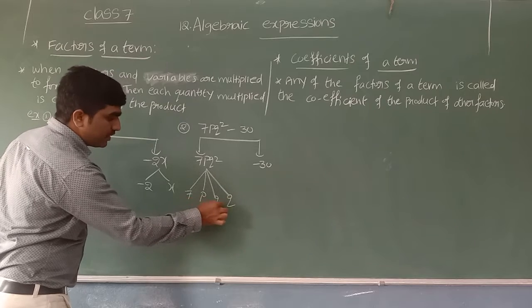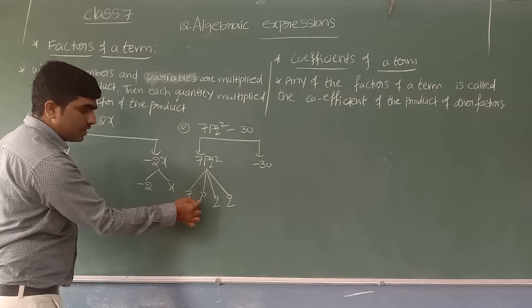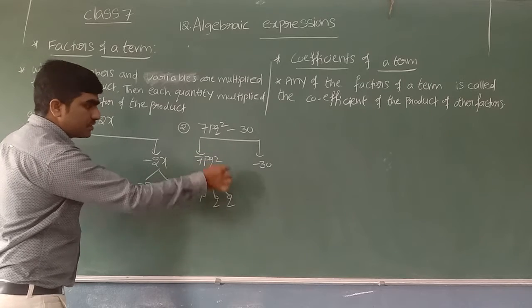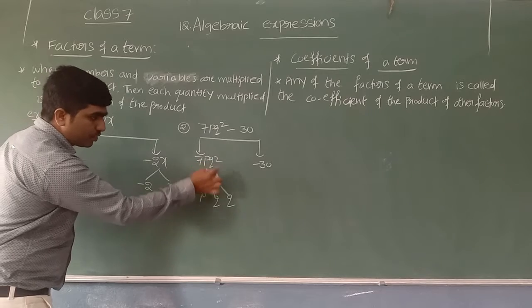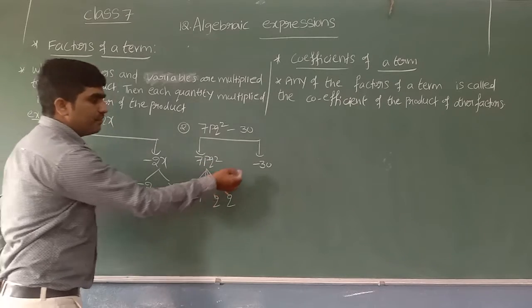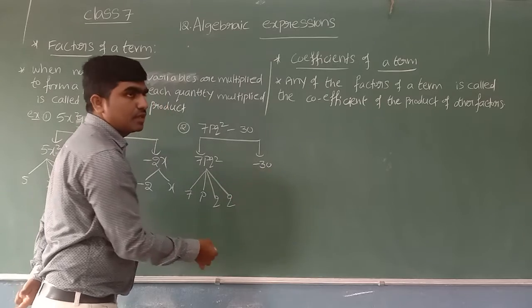Each quantity is known as a factor of this product. 7 is a factor, p is also a factor, q is also a factor. And if it is a constant, no need to write like 1 into 30, 2 into 50, no need to write like that.